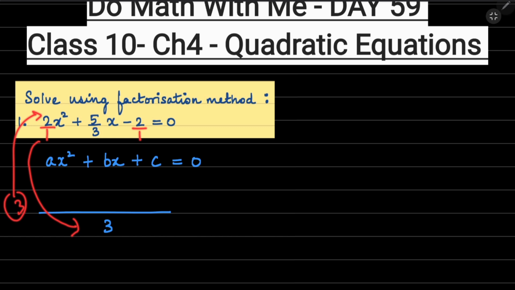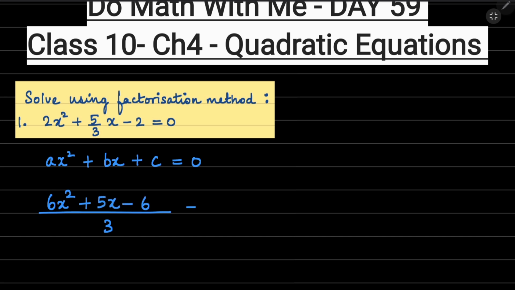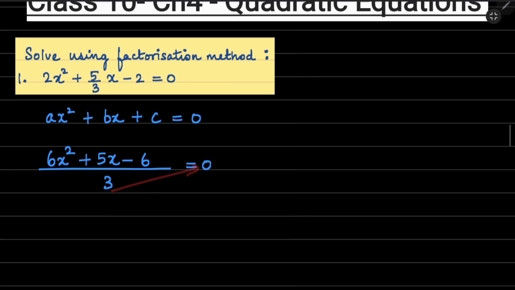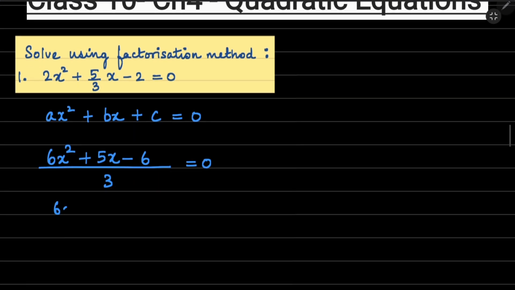So, 3 multiplied by 2x square is 3 2s are 6. So, the first term would be 6x square plus 5x minus 3 2s are 6 equal to 0. So when you cross multiply, 3 into 0 will become 0. So the given quadratic now is 6x square plus 5x minus 6 equal to 0.